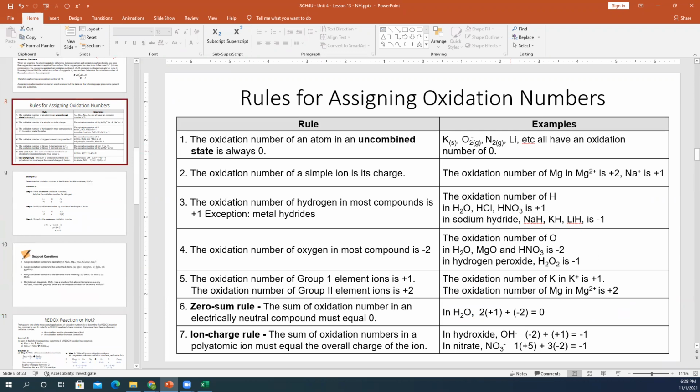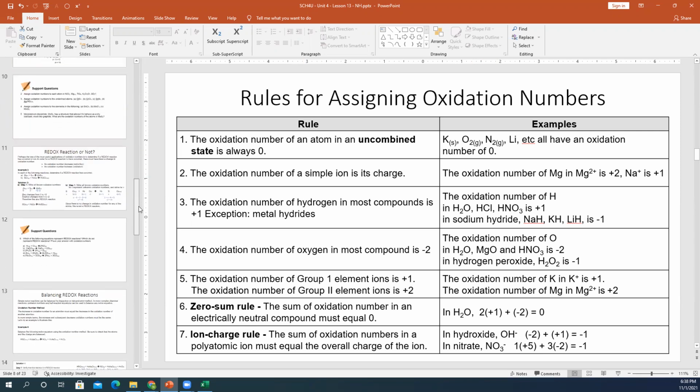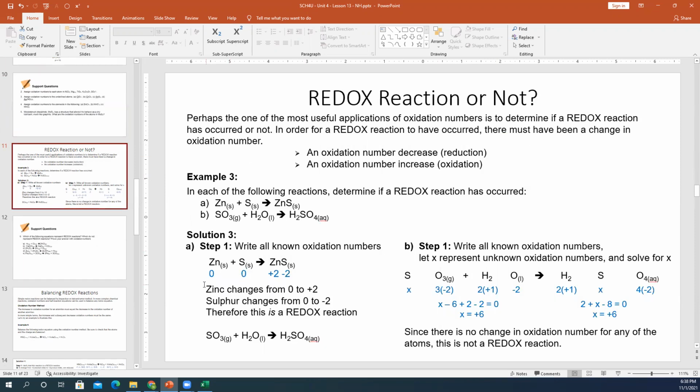If you remember, all of these kinds of elements, when they're uncombined and just in their state by themselves, in their uncombined state, they will have an oxidation number of 0. So here, zinc is going to have an oxidation number of 0. Sulfur here, again, is also in its uncombined state. It's not combined with any other atoms. So it is also going to have an oxidation number of 0.